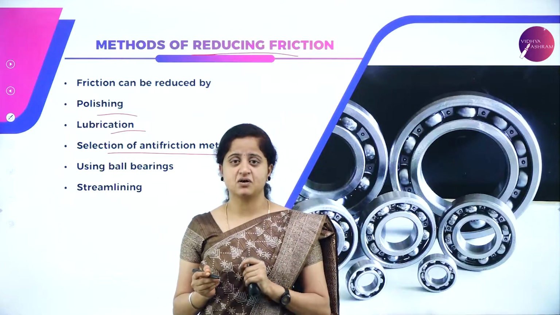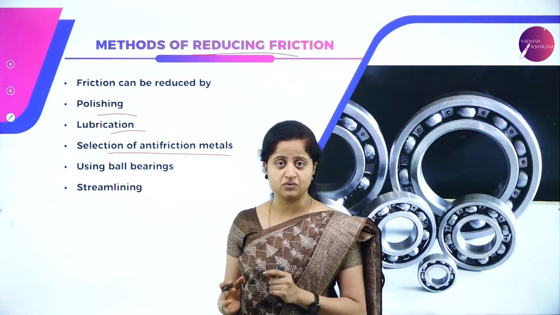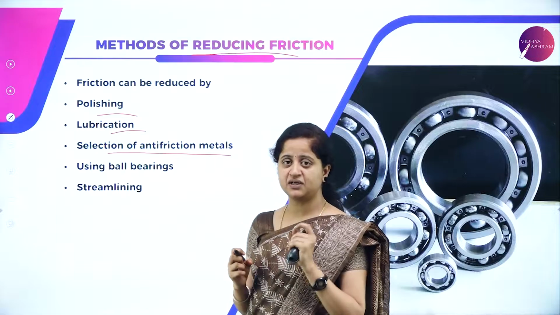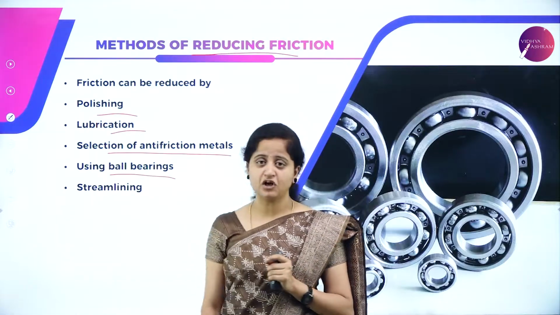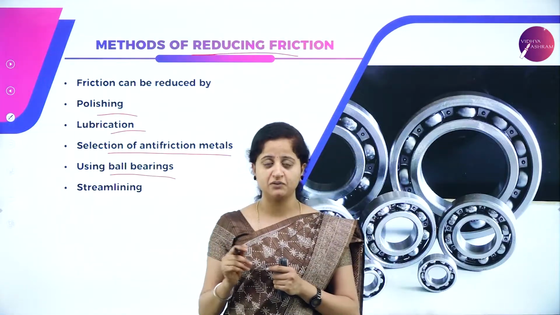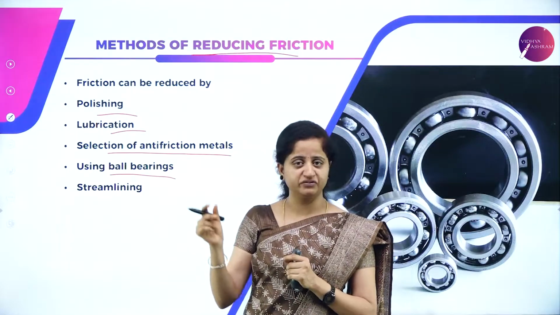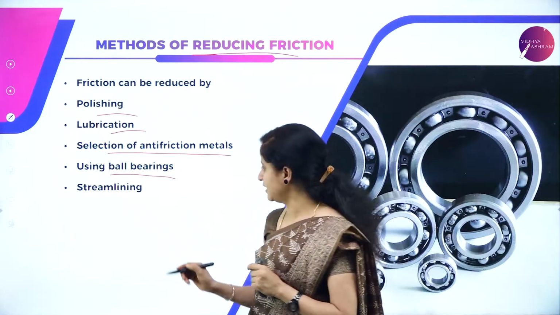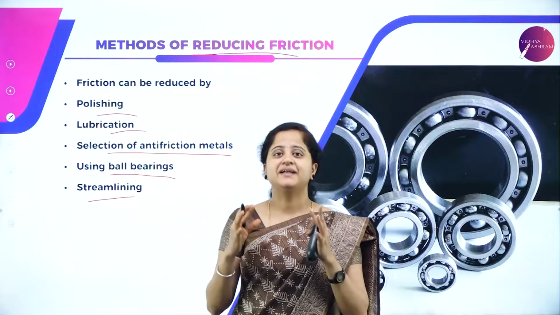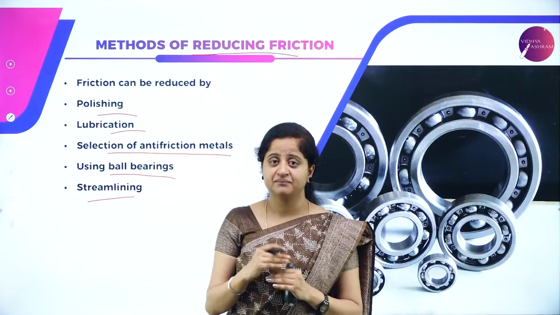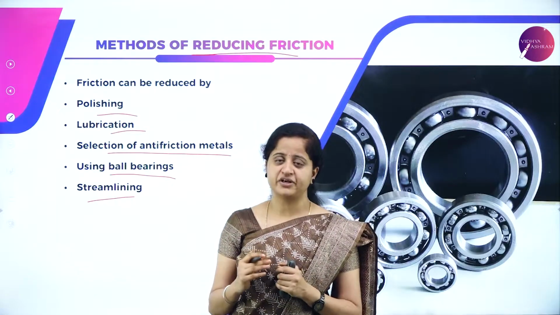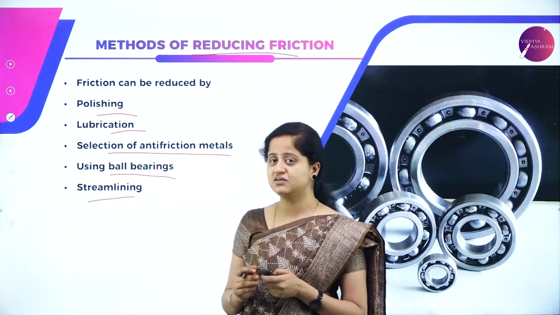Friction also depends on the nature of the material we use. So by selecting anti-friction metals, we can reduce the friction. Using ball bearings in machinery parts gives a smooth flow of the machines so that the friction can be reduced, and also streamlining. By designing vehicles streamlined, we can also reduce the friction. So these are a few methods to reduce friction.